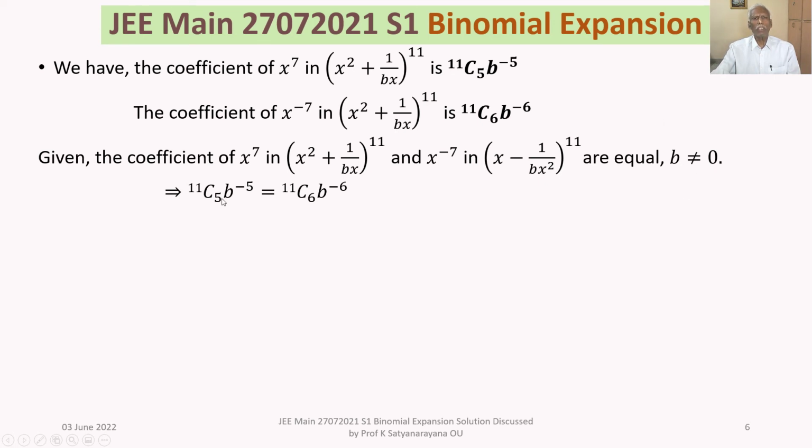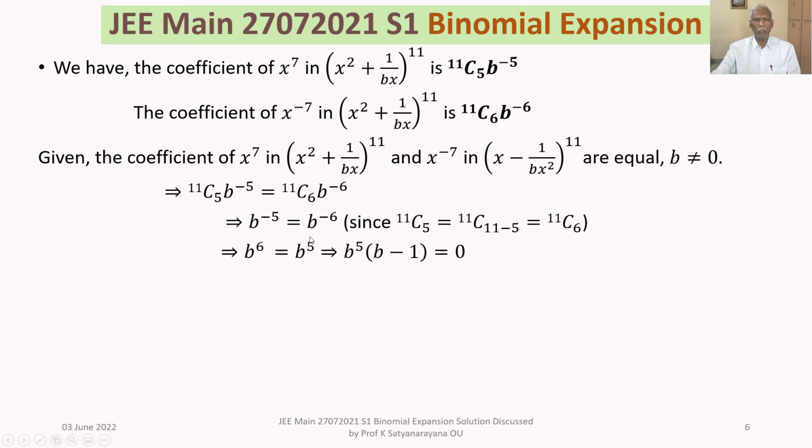And you know 11C5 is the same as 11C6. Why? Because nCr is equal to nC(n minus r). 11C5 is equal to 11C(11 minus 5), that is 11C6, and they cancel, and b to the power of minus 5 is equal to b to the power of minus 6.